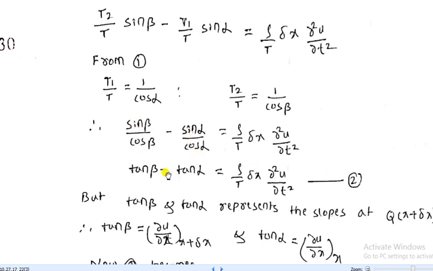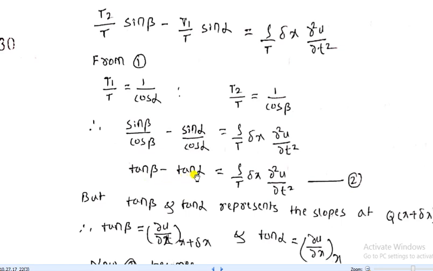And sin by cos is tan, so tan beta minus tan alpha equals rho by T delta x into ∂²u by ∂t². Call this equation number 2.